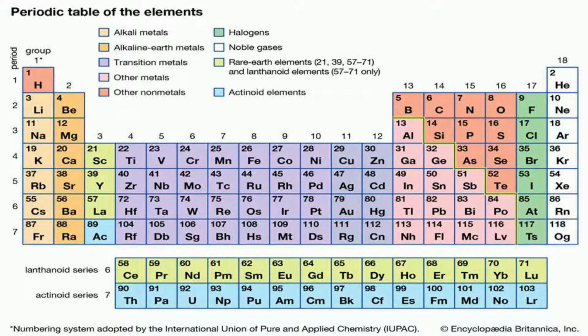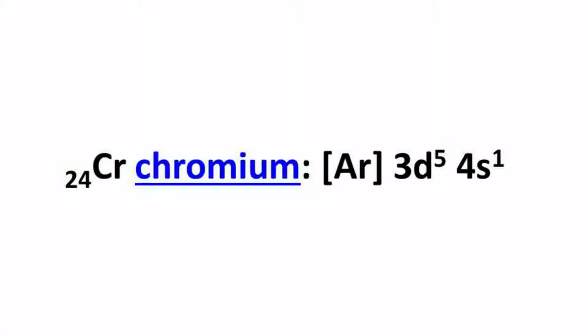What may be its electronic configuration? 5d5 6s1. Now let us see whether the configuration we discussed is really there or not. For chromium, what we were expecting, the same electronic configuration is there, 3d5 and 4s1.